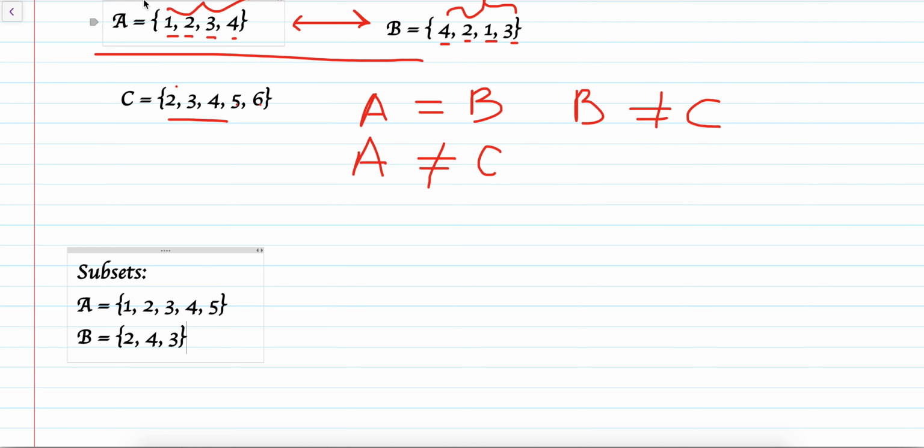So here B has 2, which is present in A, 4, which is present in A, and 3, which is also present in A. So all elements of set B are present in A, but all elements of A are not present in B. So we will write it as B is a subset of A.